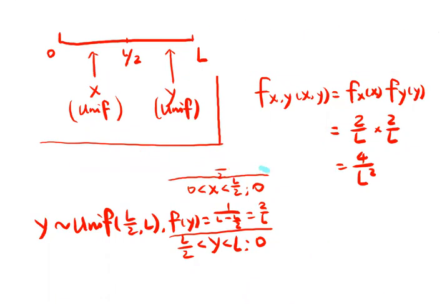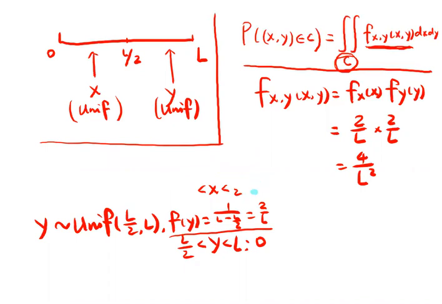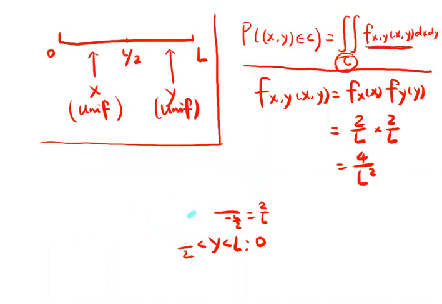And the second part is from where to where we're integrating this joint density. So I always suggest you try to sketch the region before you start. So let's look at this. What do you want? Because we want to get the event that the distance between y and x is greater than L over 3.